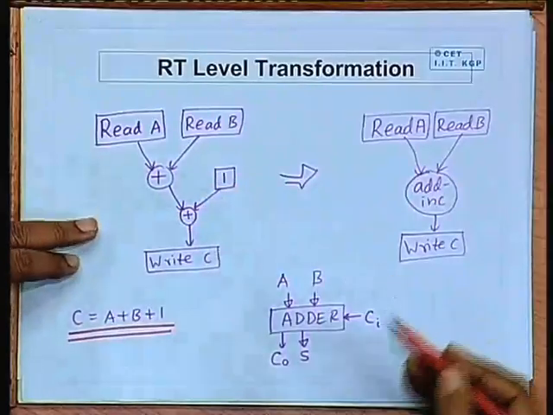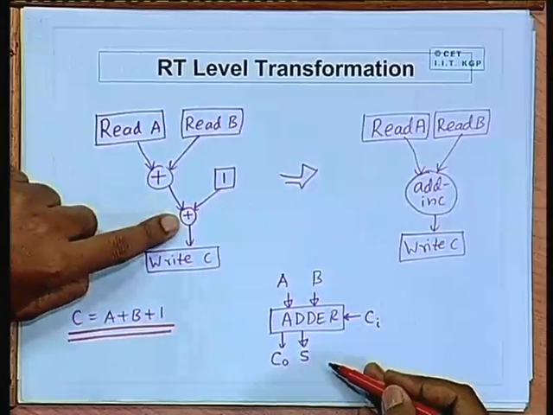But the synthesizer will observe that the adder that we have also has a carry input. So, if I set the carry input to 1, then this addition by 1 is automatically taken care of. I do not need this additional step of adding 1 using a separate function unit.